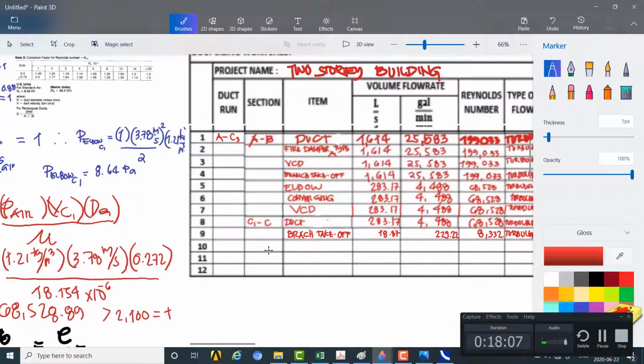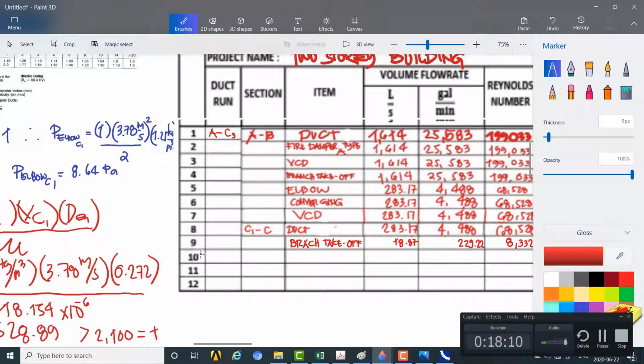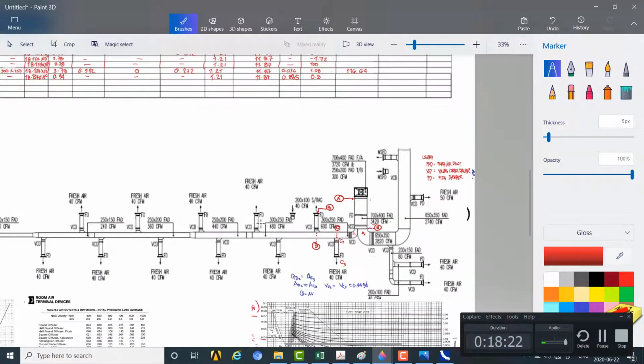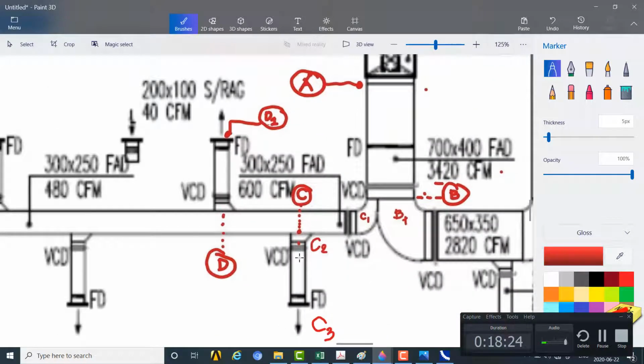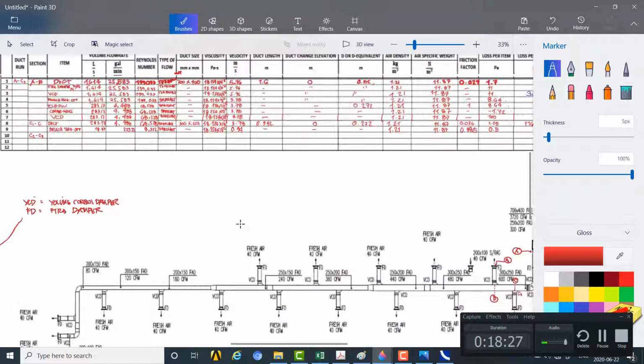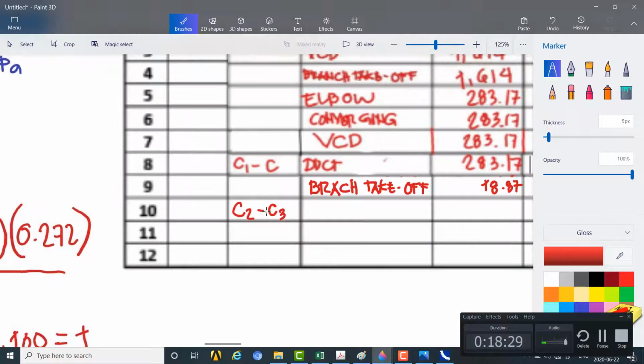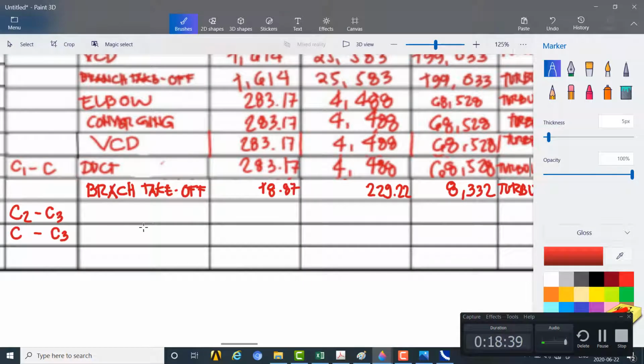Okay, so we're going to put here C2 to C3, and we can also put Z2 to Z3, so they are the same. Okay, so we're going to put this one. This is a duct. Okay, they are duct.